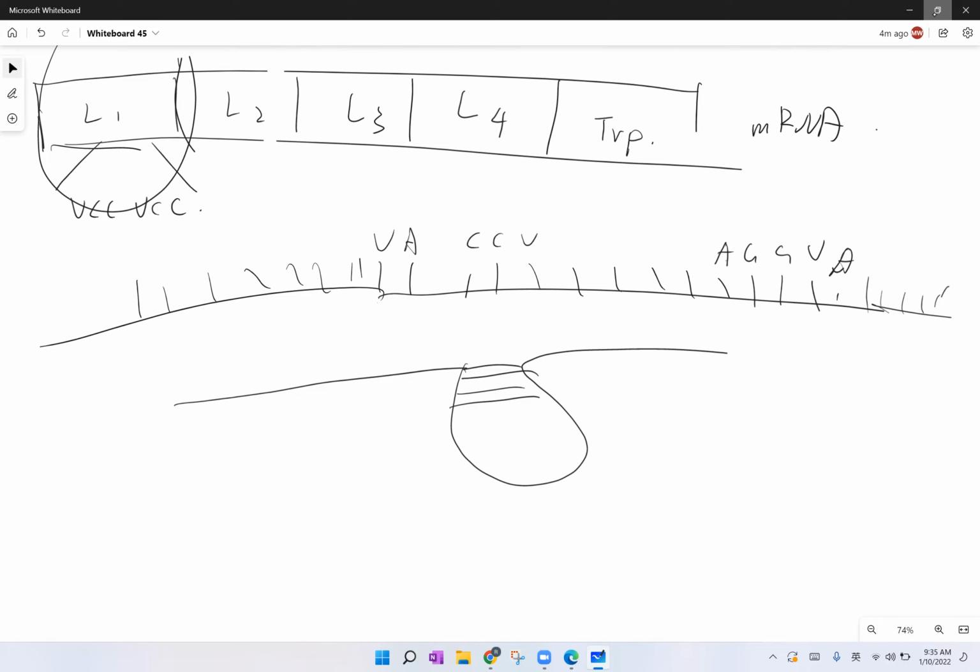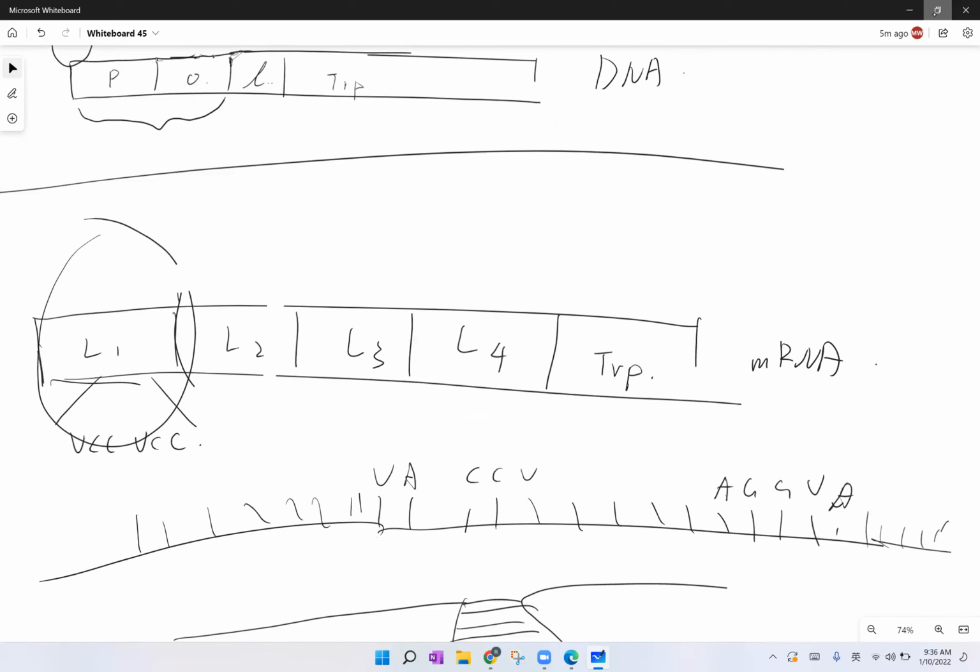Sorry, what's going to happen if you do something really quick? You just finished early, right? If you finish the translation of L1, what's going to happen to your ribosome? It's going to move to your L2 for the next step of your translation, right?